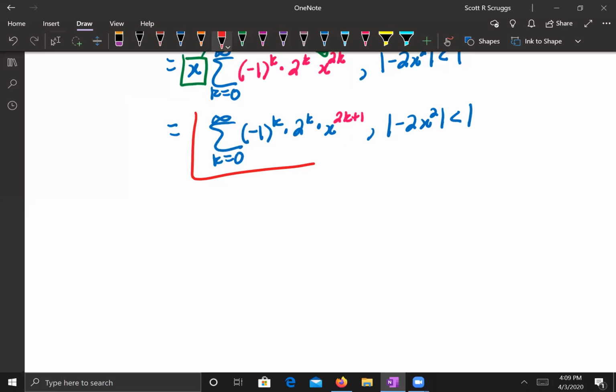Let's go ahead and figure out what our radius and interval of convergence is. So first, radius of convergence.